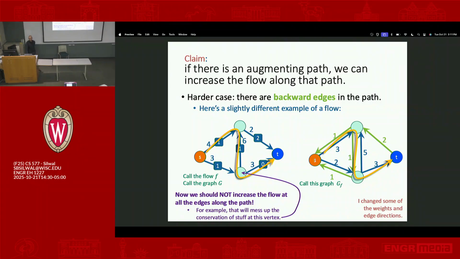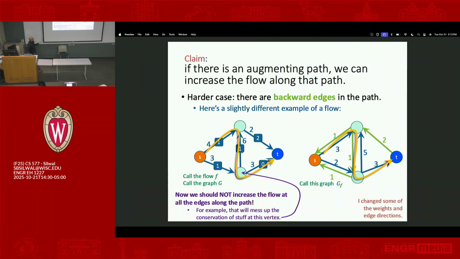So let's say there is a path from S to T that uses one of these green edges. Then the path on this graph looks a little bit weird. It's like saying, I go on this edge, but then I kind of want to go on this edge, and then this edge. I can't just increase flow on this path.